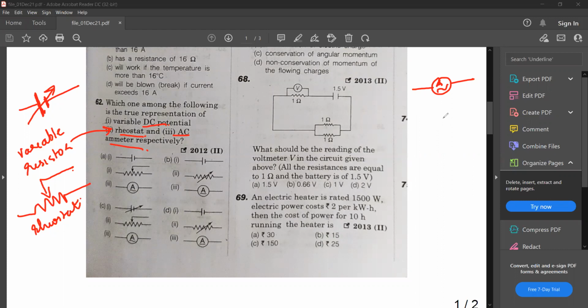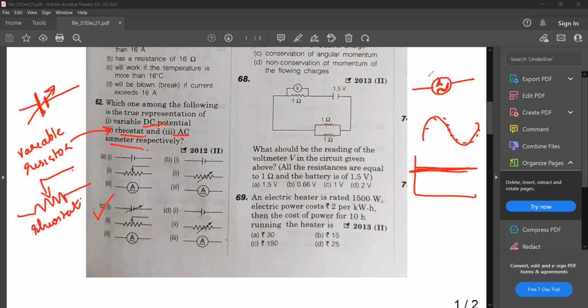The value of AC will be different at different instances, while the value of DC will be constant every time. So which is the correct option? Option C: variable DC potential, rheostat, AC ammeter.